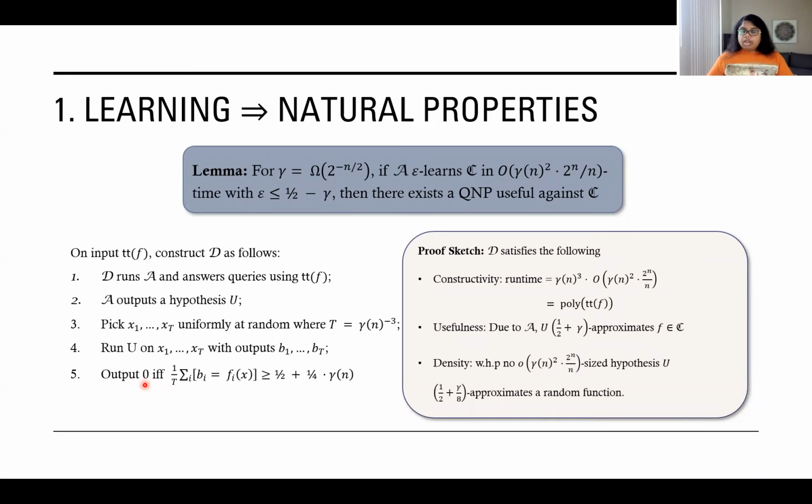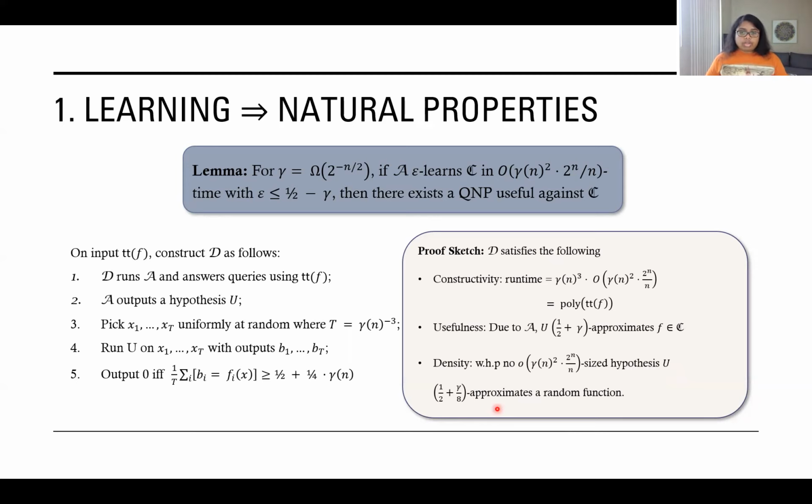The next step is, how does this satisfy the density condition? Because you need to say that if it's a random function, I need to accept with high probability. And you can do this with a counting argument. By counting all the different hypotheses, unitaries of this particular size that can be output, and the number of random functions that take n-bit inputs, you can find that this hypothesis will not approximate your random function very well.